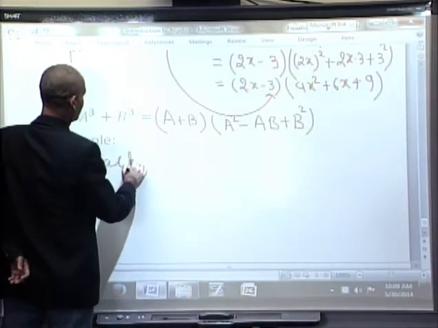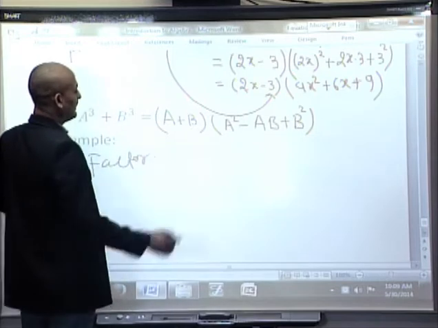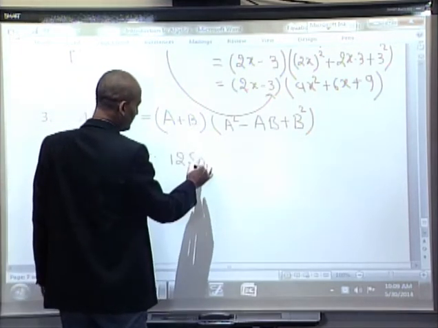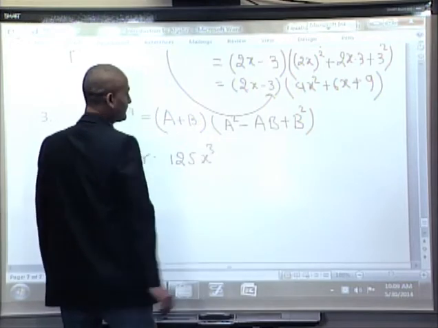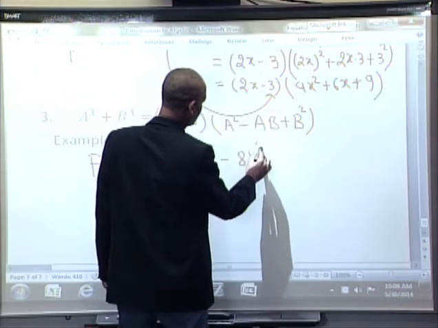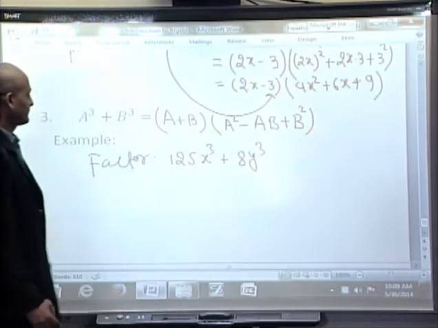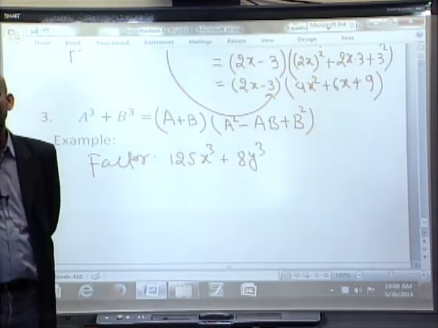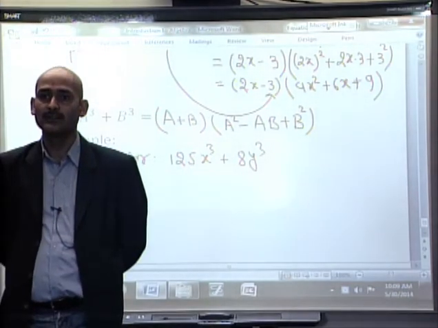Again, we want to factor, let's say, 125x to the third plus 8y to the third.